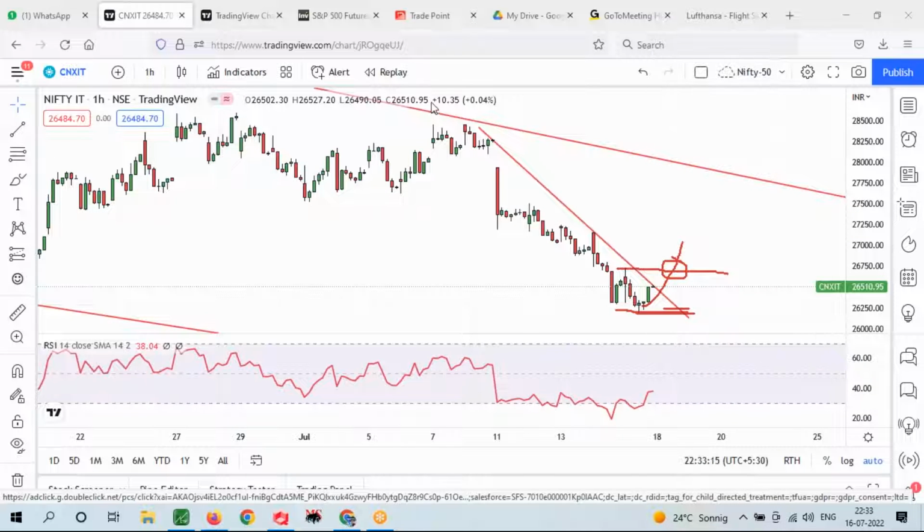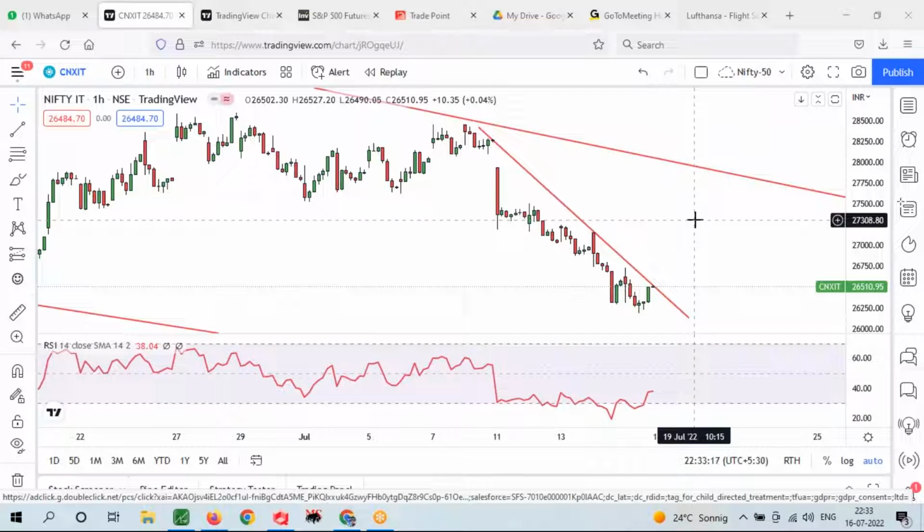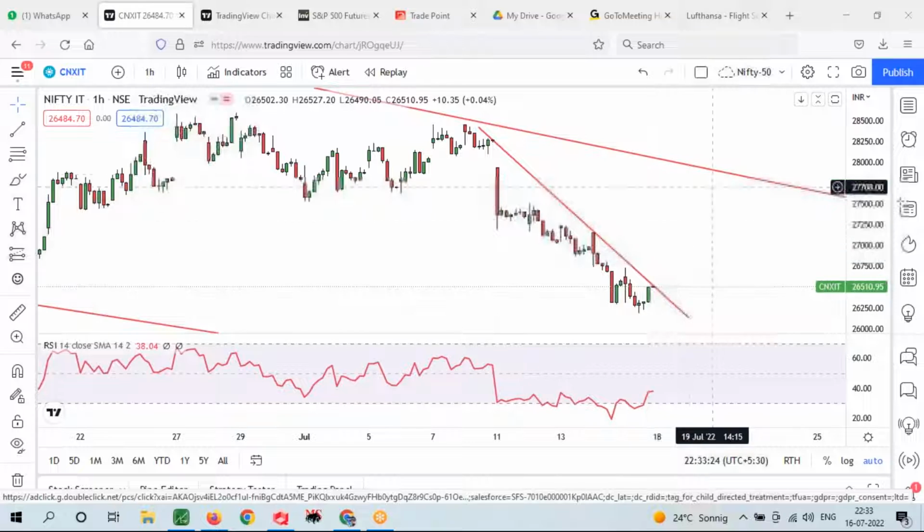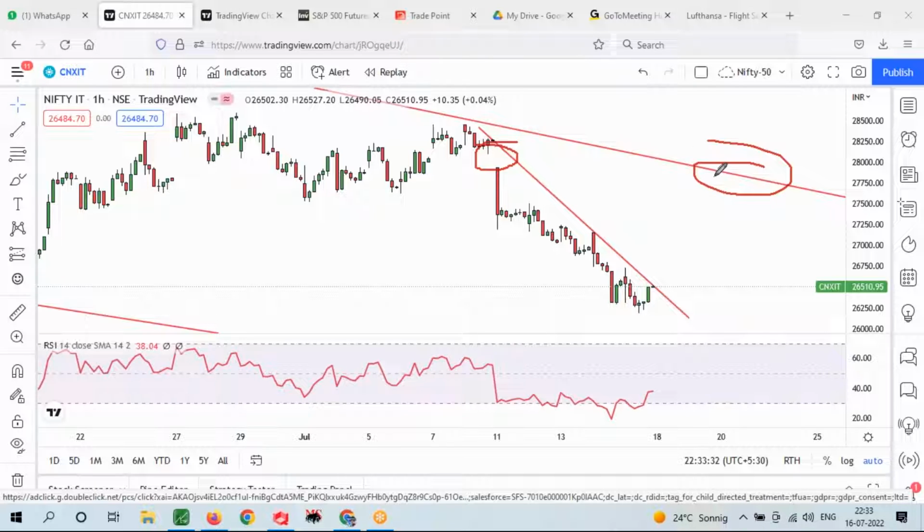This index can still struggle. There is no bottoming sign as per monthly, weekly and daily also. On the hourly chart you might get some bounce back to the 27,800 level if Nifty rallies, because there is a gap here also. This can be filled also. So wait for it.